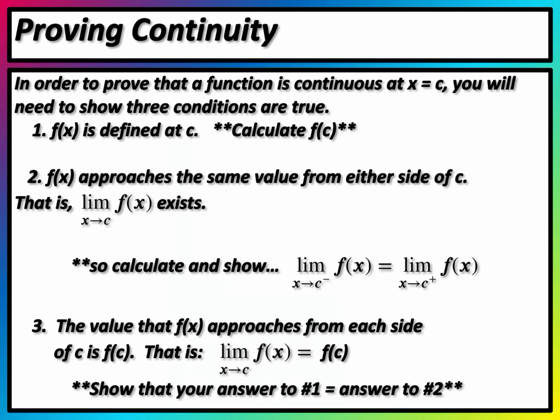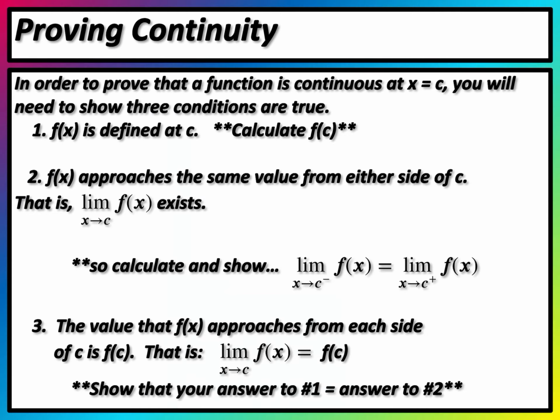Step 2, you show that the limit as x approaches that same c value exists and has an answer. Step 3 is now a conclusion, and you show that f of c has the same answer as the limit as x approaches c.